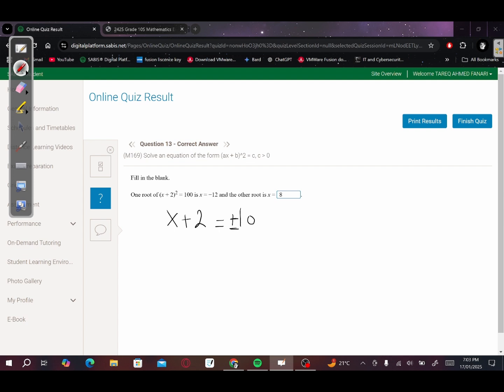So we're going to take both cases. Let's take the positive case first. X plus 2 is equal to 10. Take this to the other side. X is equal to 8. This is our final answer.